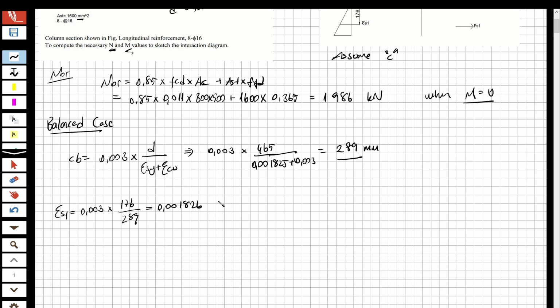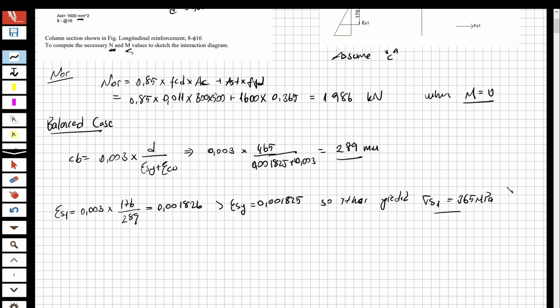Now you can see that this is greater than epsilon sy, equal to 0.001825, so it has yielded, and the stress at the first steel is going to be equal to 365 megapascal.